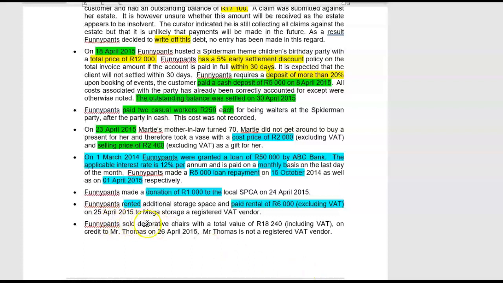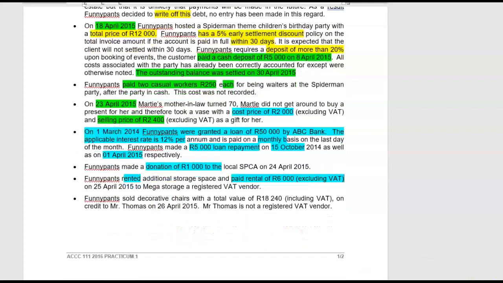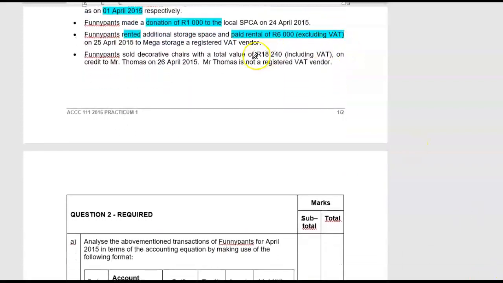The last one, Funny Pants sold decorative chairs with a total value of 18,240 Rand, including VAT, on credit to Mr. Thomas, 26 April. Mr. Thomas is not a registered VAT vendor. It doesn't matter. Funny Pants is registered for VAT, so therefore he has to levy VAT on all sales transactions.